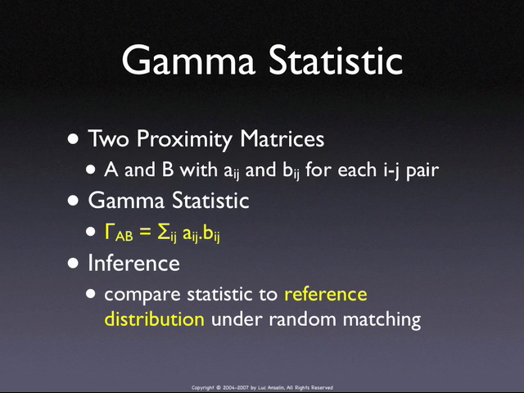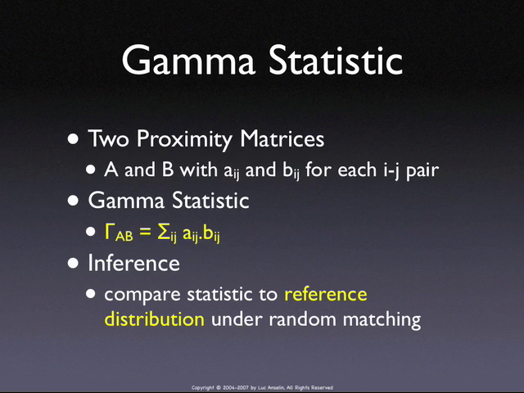That number, the sum of all these cross products, actually provides you with some information about the matching. Just think about it: if there is some kind of systematic association between the two, then the products will tend to be large numbers with large numbers or small numbers with small numbers, not some kind of random matching of large and small. That is the principle behind inference for this kind of statistic.